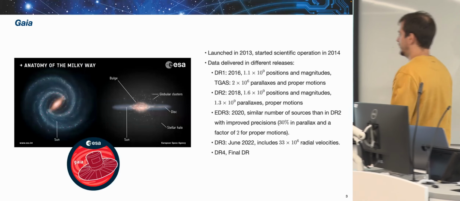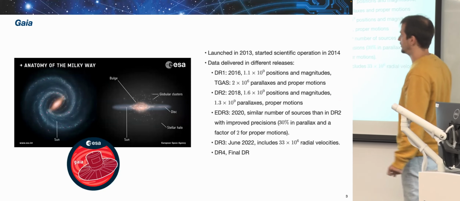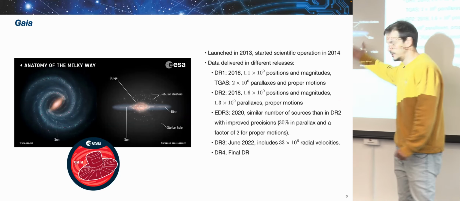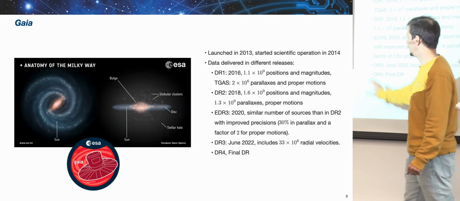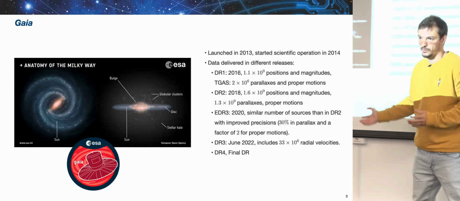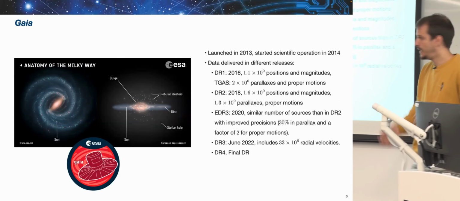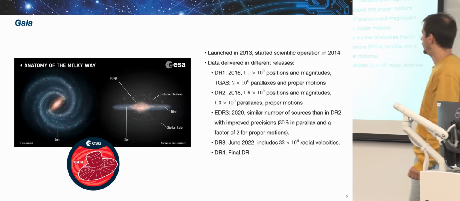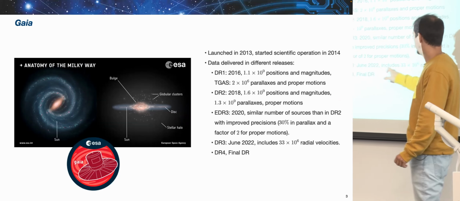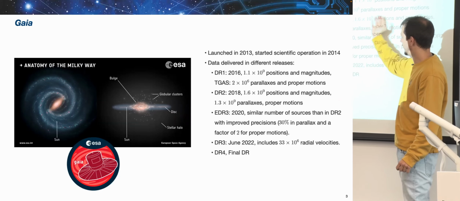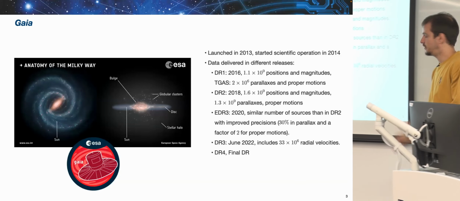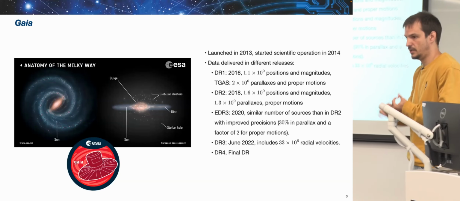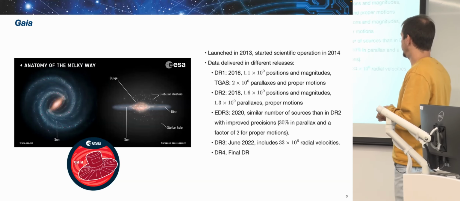Gaia, probably this slide is getting too old because people know already about this, but anyway, Gaia is a space-based telescope. Its main mission is to map the Milky Way on a stellar basis. These are the different data releases that we have had from Gaia. We are currently here, with more than 1 billion sources with positions, parallaxes, which are a proxy for the distance, proper motions, and photometry.